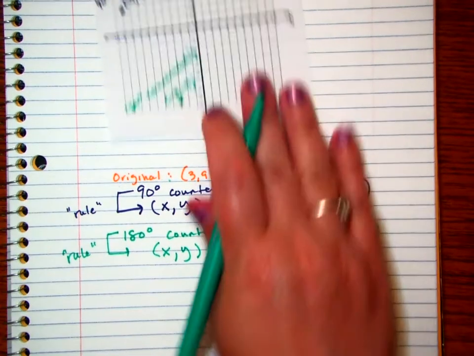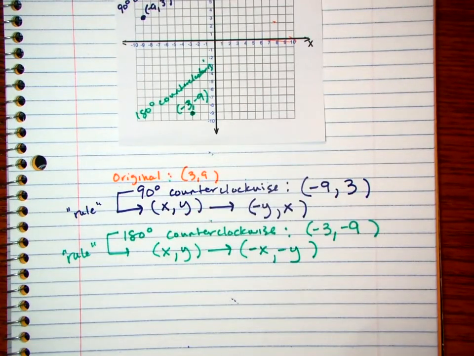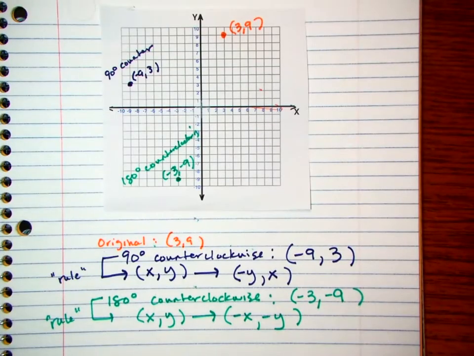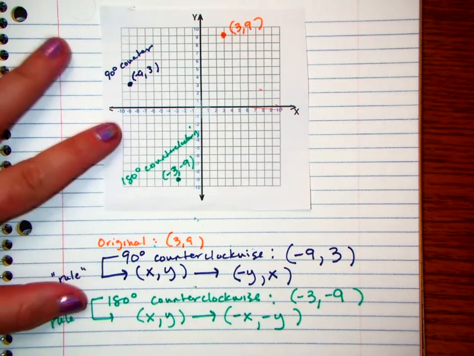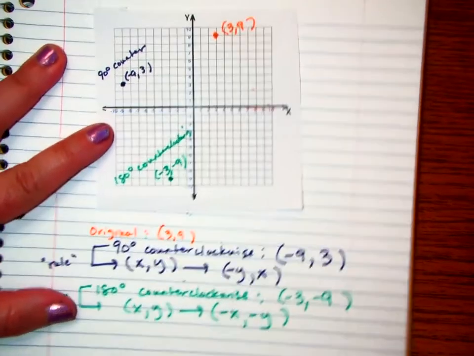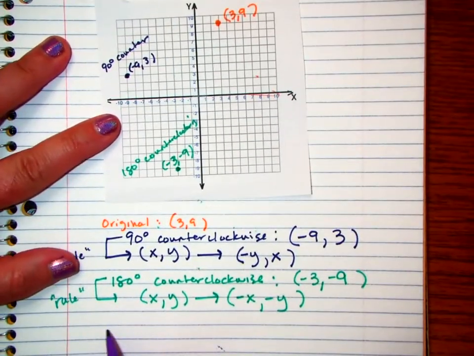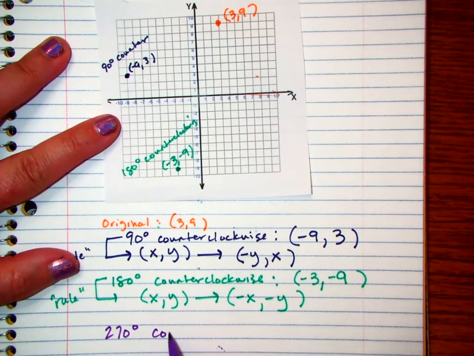Okay, and now our last type of rotation will be that 270 degrees. One more rotation in this direction. We're going to do 270 degrees counterclockwise.